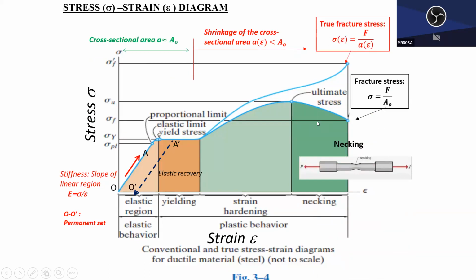All right, so again, if you can measure the real-time cross-sectional area at each strain, at each step, the true stress relationship will keep going up and up and up like this. And actually, rubber or polymer shows this kind of pattern too.